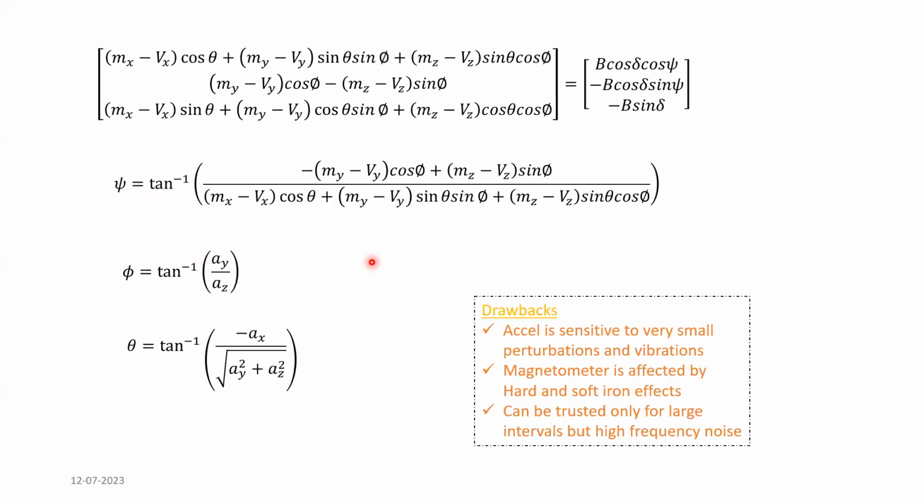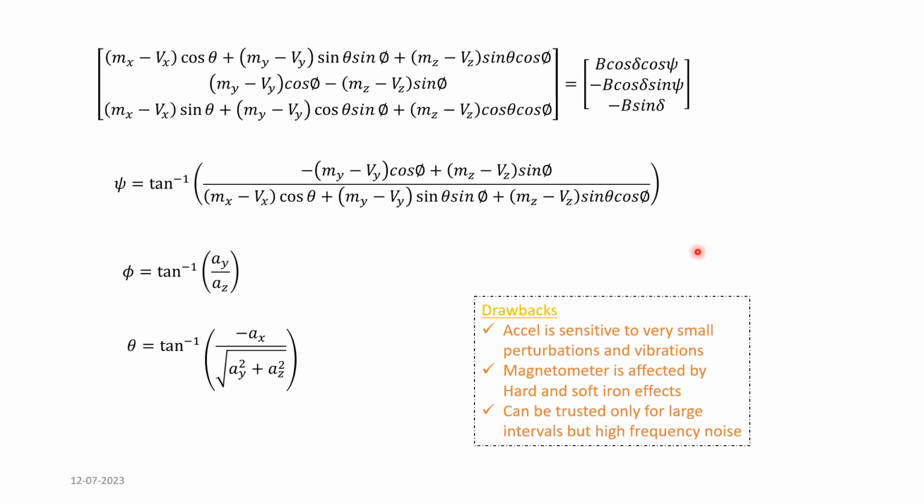The accelerometer and magnetometer also have some drawbacks, which were already discussed. For the accelerometer, we assume that linear accelerations are not there, but in practice that is not possible. It will pick up linear accelerations also, and it is very sensitive to vibrations. Even very small vibrations it will pick up, so high frequency noise will be there, right?